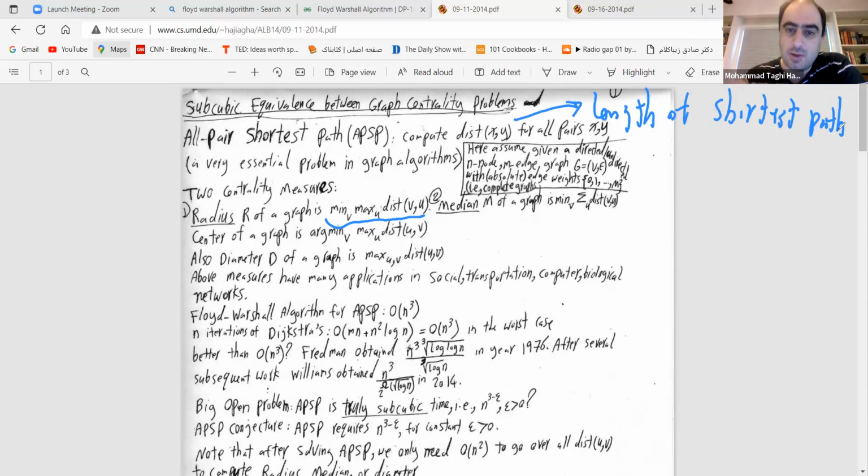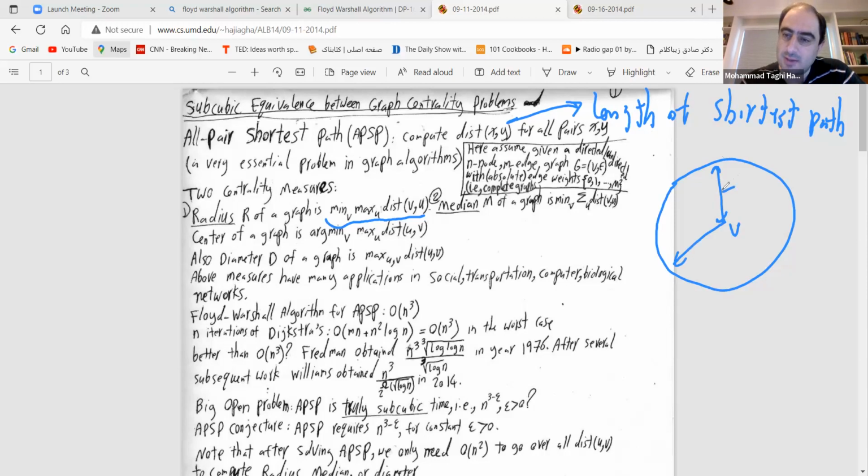Good. So when we have this distance as the length of the shortest path, what does it mean? The radius is like this: we need to find a vertex v, which is called the center of the graph, such that we minimize this radius.